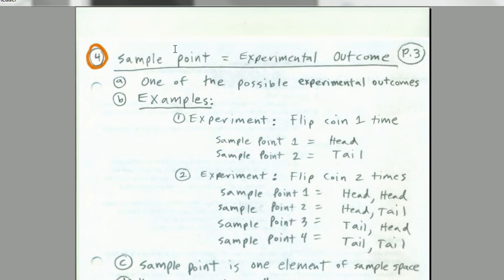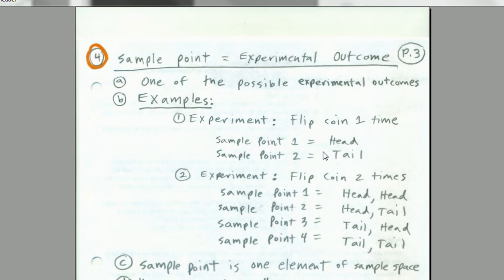And these 2 words are synonyms: sample point, experimental outcomes. The textbook, my notes in Excel, and when I talk, I tend to use them interchangeably. I'll try to use sample point more than anything. Now, examples of a sample point. What if we flip a coin 1 time? Well, it's either head or tail. Sample point 1, head. Sample point 2, a tail.